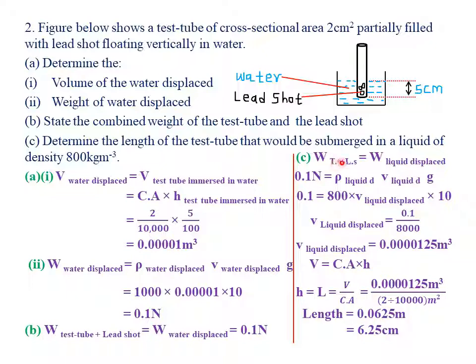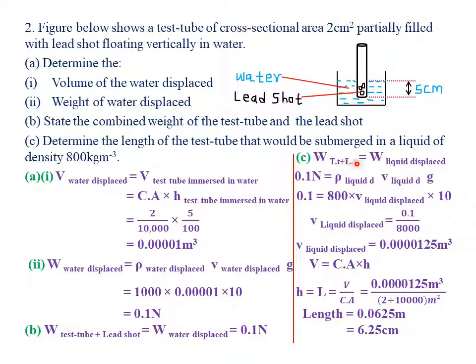So the weight of the test tube plus the lead shots must be equal to the weight of the liquid that will be displaced. That is the weight of the new liquid that will actually be displaced. That is courtesy of the law of flotation, that provided a body is floating, it must displace its own weight of the fluid in which it floats.